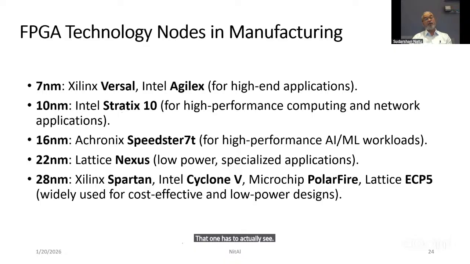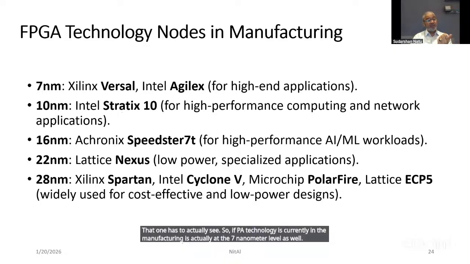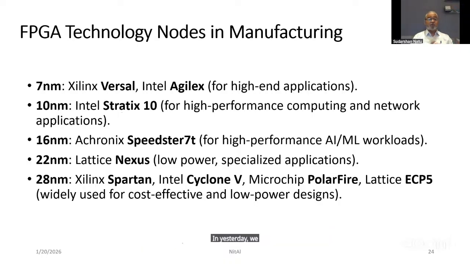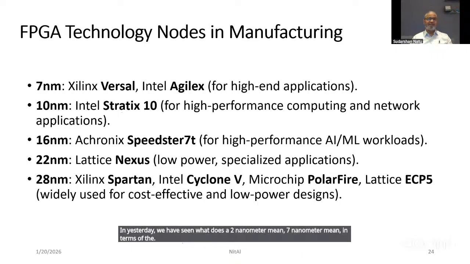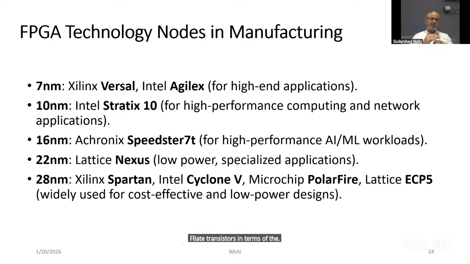So FPGA technologies in manufacturing are currently at the 7 nanometer level as well. And yesterday we saw what 2 nanometer and 7 nanometer mean in terms of FinFET transistors and structure. In fact, I was attending like what you people are attending today. I was equally curious to know, and it was a fantastic explanation.